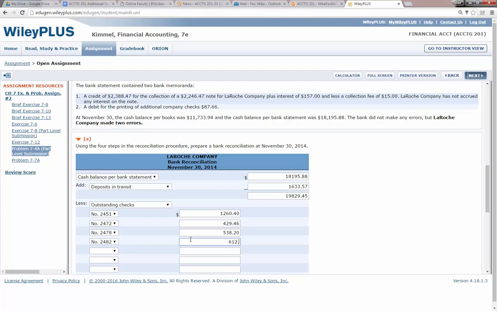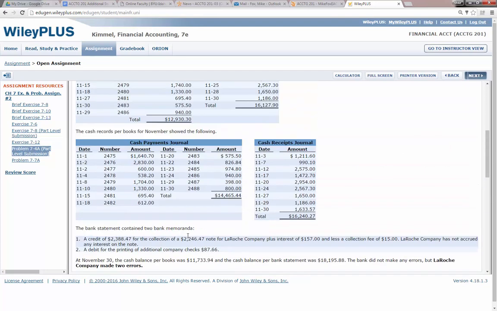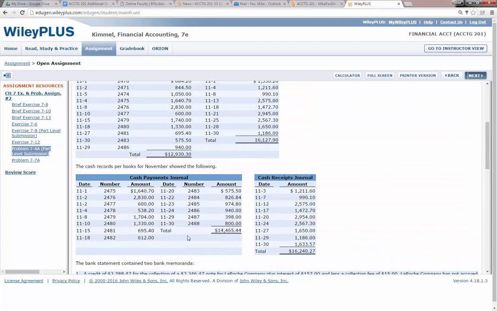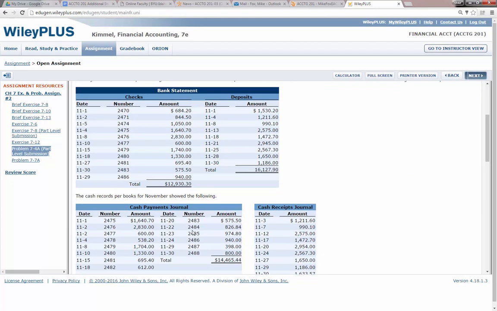You can see it's a little bit tedious, but that's what we have to do. 2483 cleared. 2484 doesn't show up here, so 2484 and 2485 are both outstanding checks.